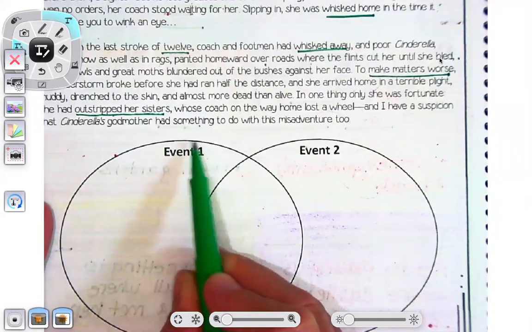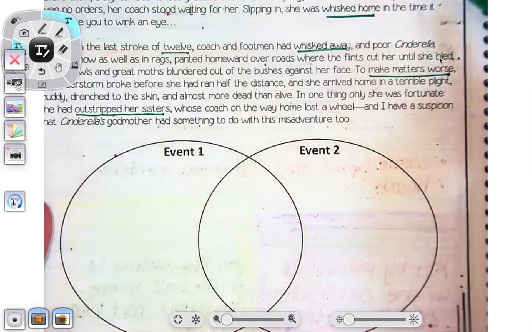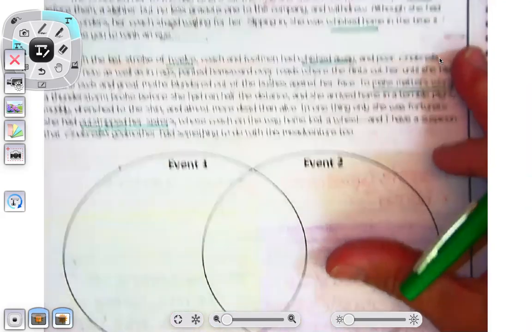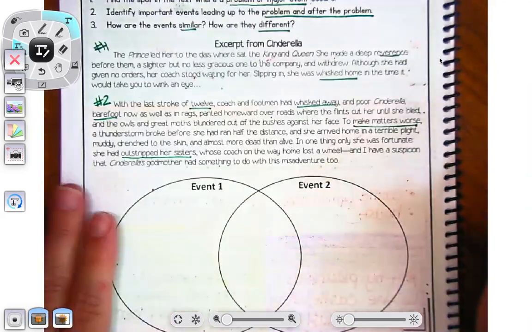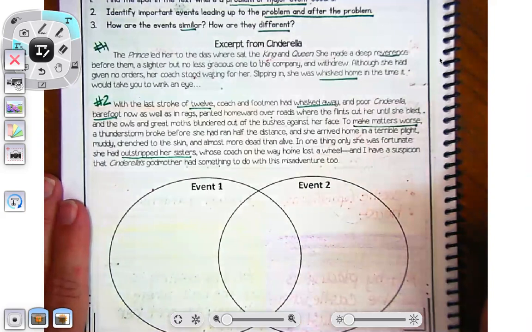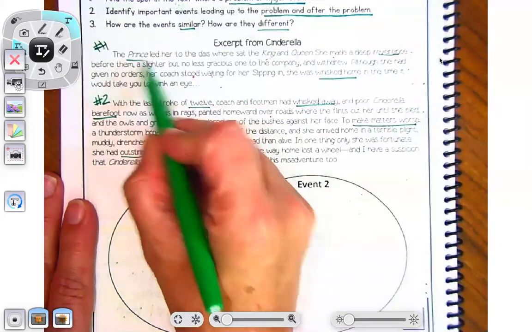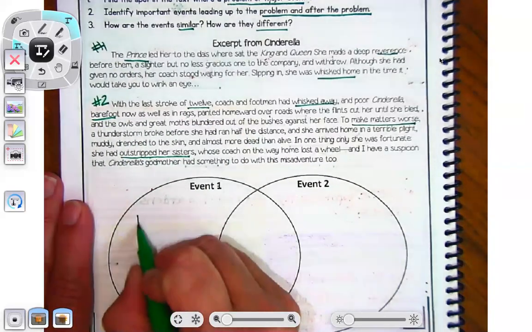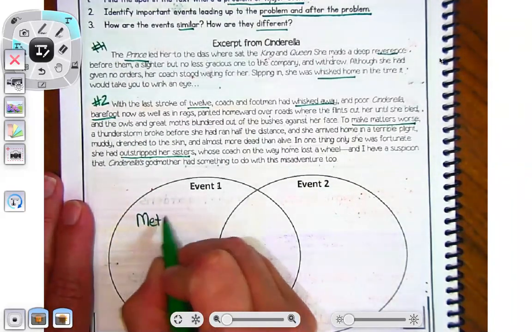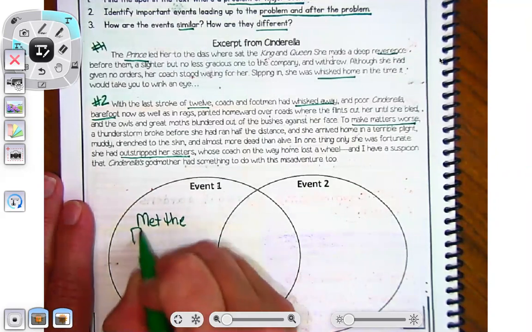So there was a major event and problem in the first one. First paragraph. I'm going to zoom out. Be thinking about what that was. Okay, she met the king and queen. So she met the prince.